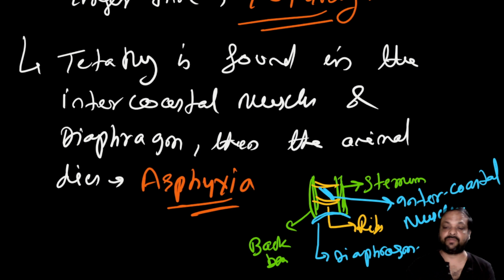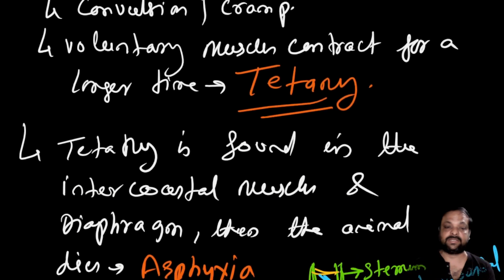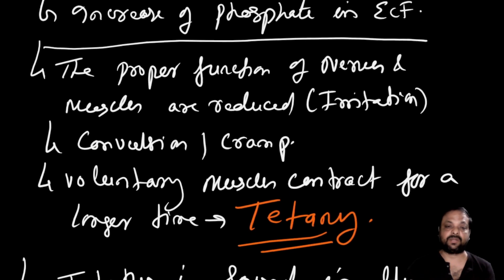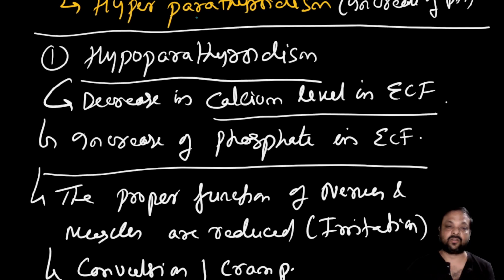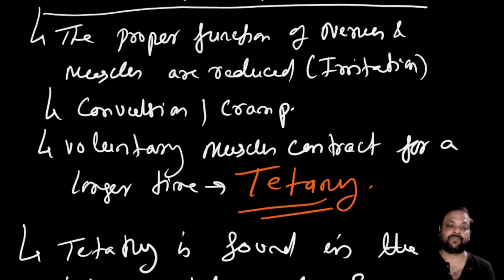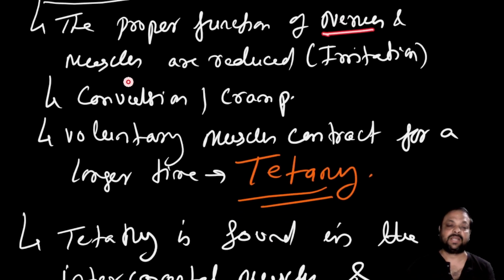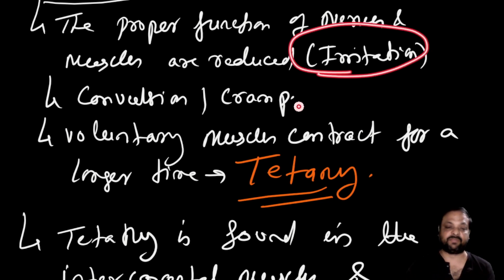Got it? So here, what we find in this particular disease, that is hypo. In the hypo condition, the decrease in hormone will cause a decrease of calcium level and an increase in phosphate level in the ECF. As calcium controls the proper functioning of nerves and muscles, they will reduce in proper functioning, and irritation takes place in the muscles and nerve fibers.